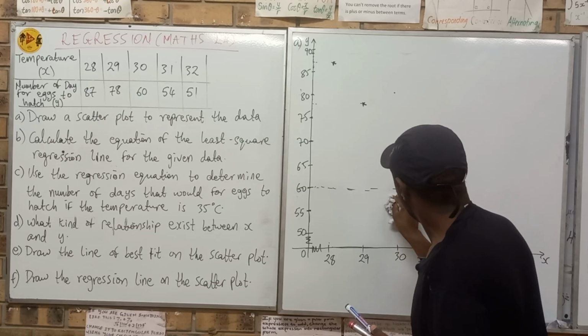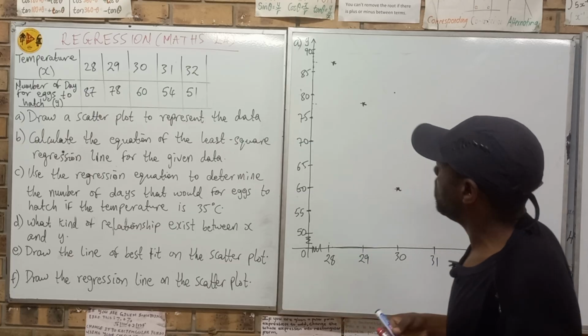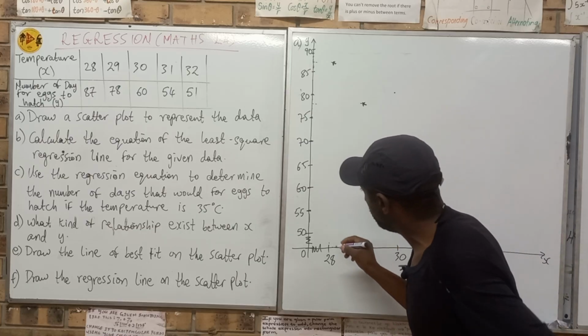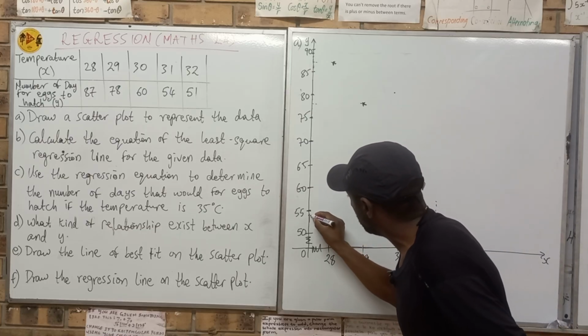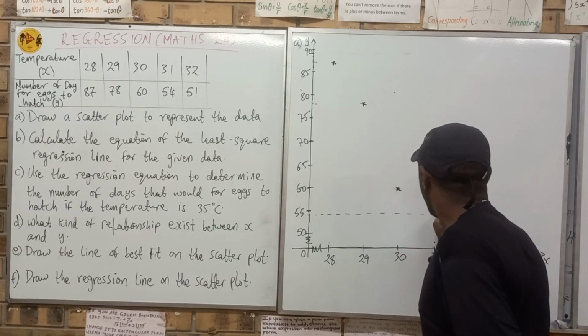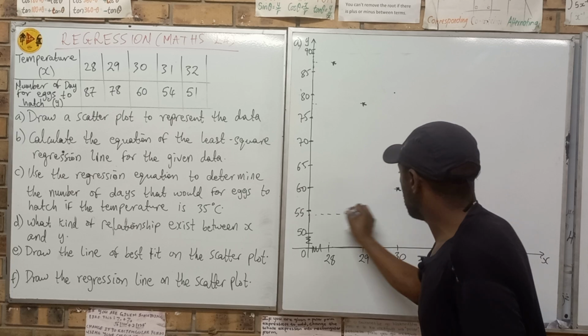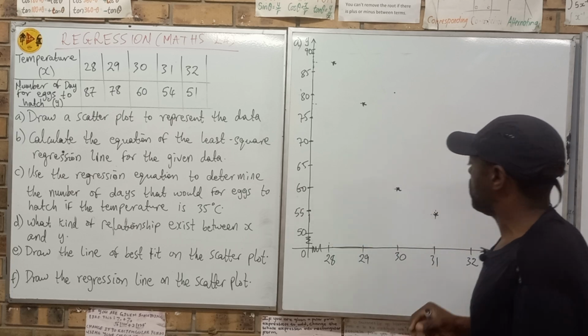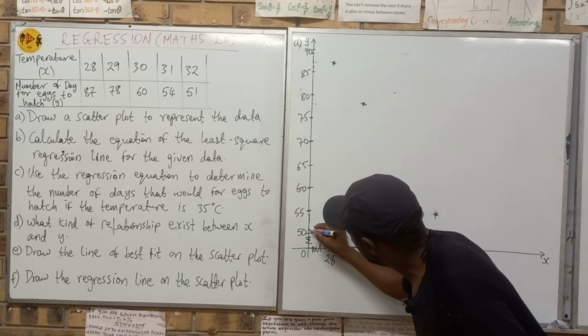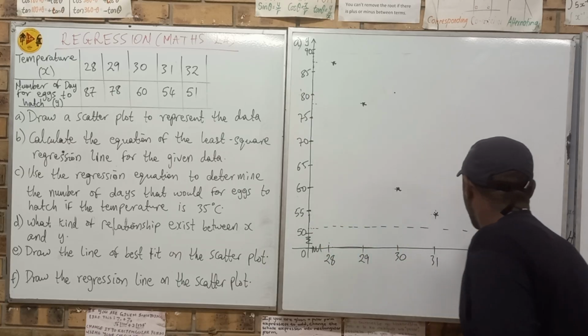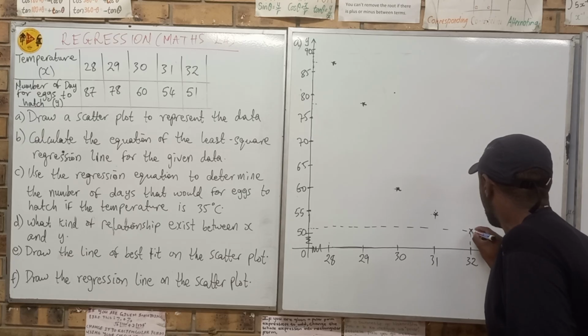Then the next one, what is it? 31 and 54. There is 31 there, 54 should just be below 55. So I meet there. The last, but not the least, is 32 and 51. So 51 should be above 50. So that is it. It meets with 32.